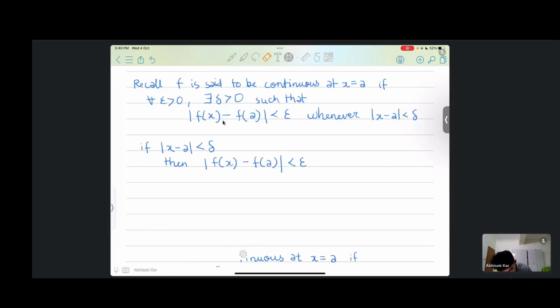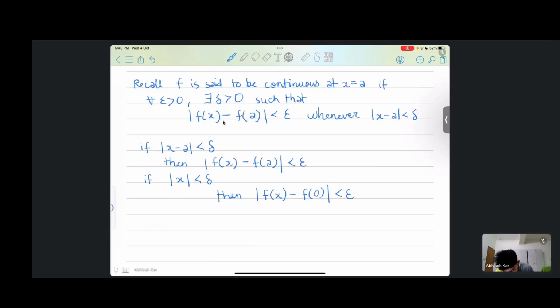Okay, so in our case, a is equal to 0 because we are checking continuity at 0. So let's put a equal to 0. We want to prove that if mod of x is less than delta, then mod of f(x) minus f(0) is less than epsilon.